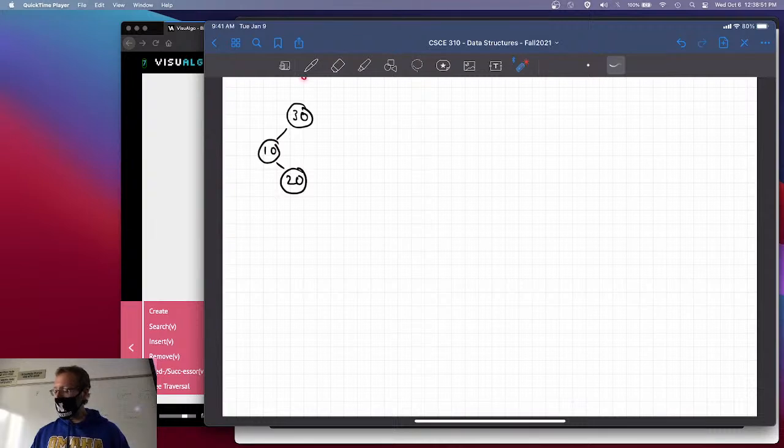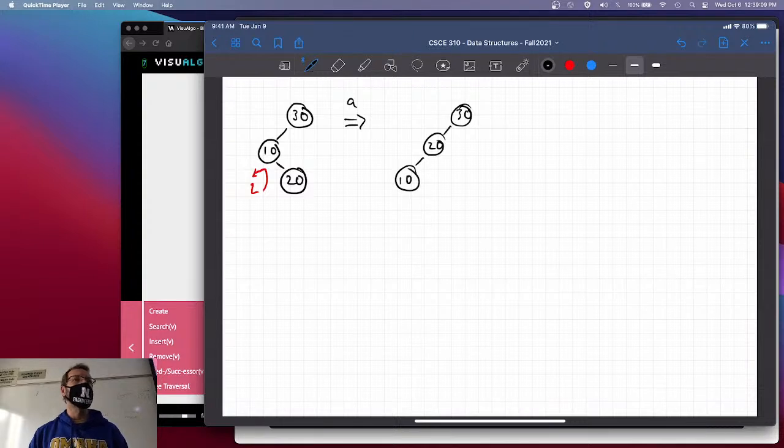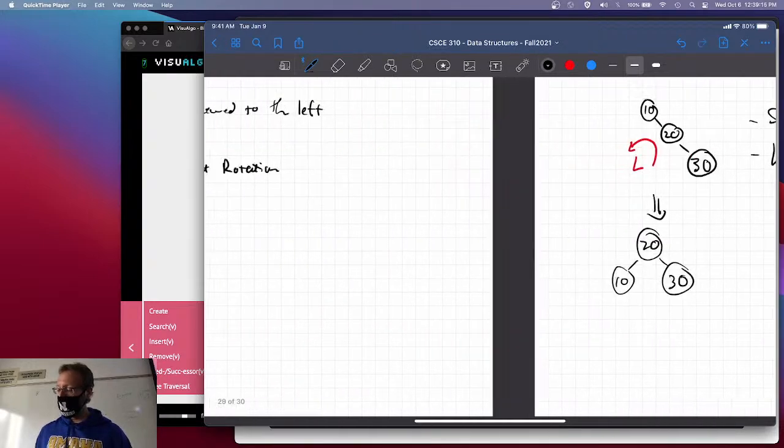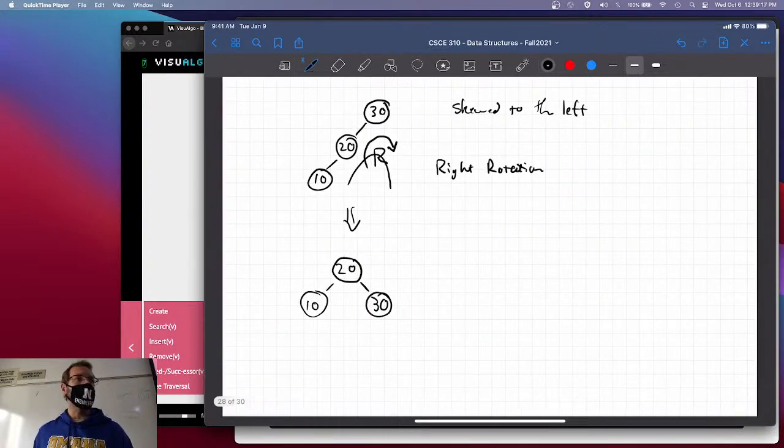So if it's skewed to the right, let's go ahead and correct that first and do a left rotation. So step A. What will that end up looking like? 30, 20, and 10. Is that still a binary search tree? Yep. It's still not balanced, but it looks like this, which we know how to deal with.